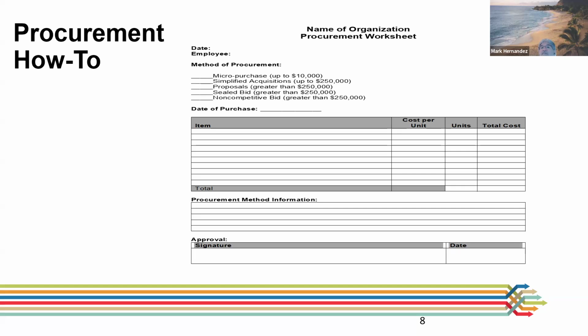But if you did, then you would need to put in the different things in there: the methodology, price analysis, sending it out to, let's say, a vendors list, other things like that. And then naturally you just document it by signing and approving that. So that's a good how-to document.